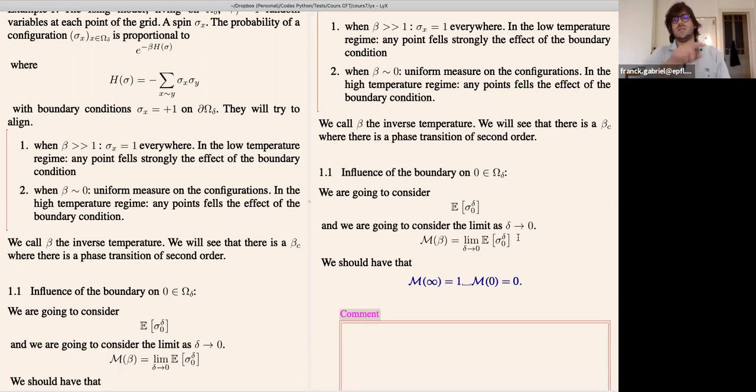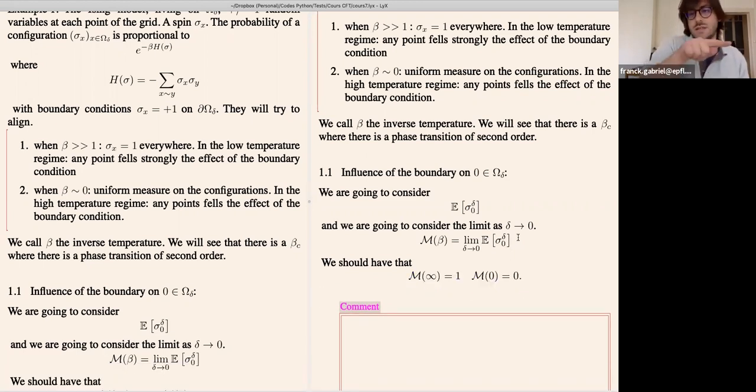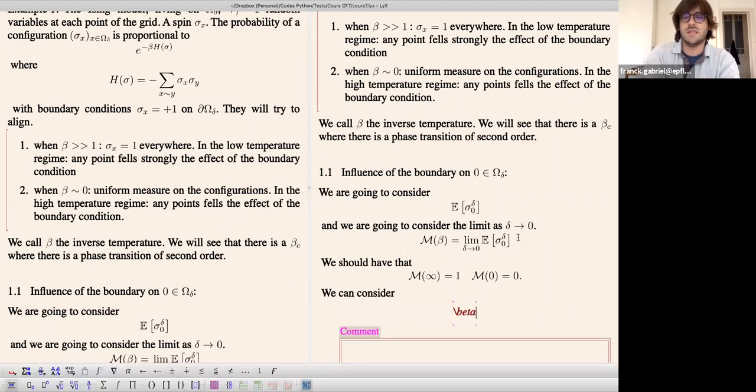So you see that this magnetization is 0, and then it goes somewhere. What is interesting is that for a while it will be equal to 0. So we can consider beta c, which is the supremum of the beta, such that beta is positive, such that this is equal to 0.